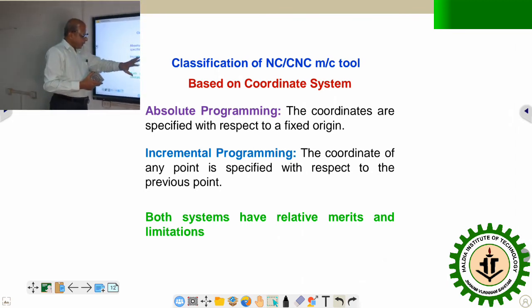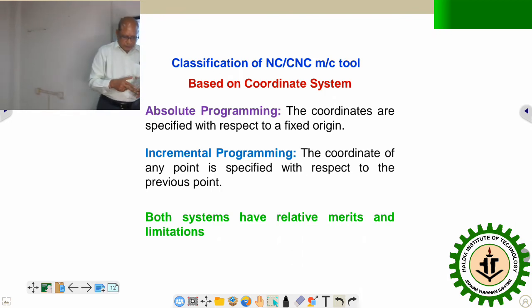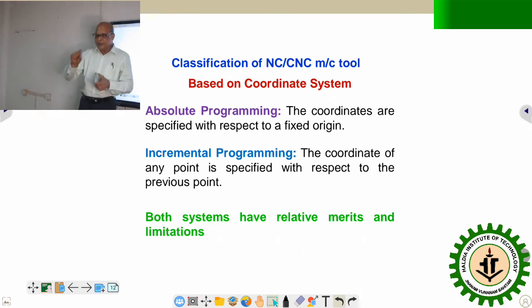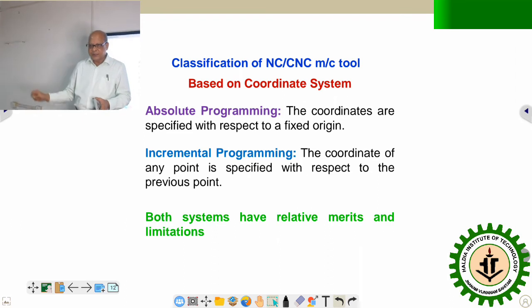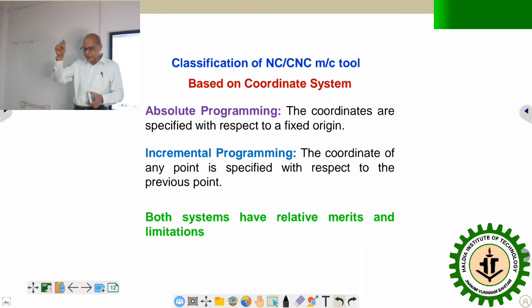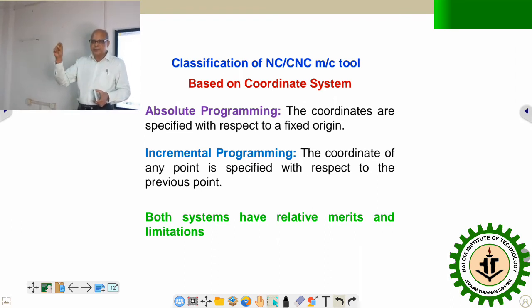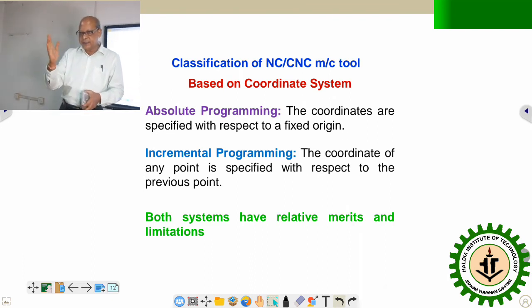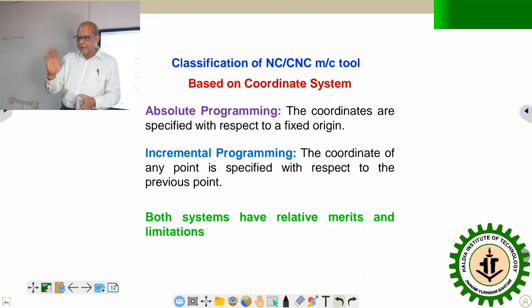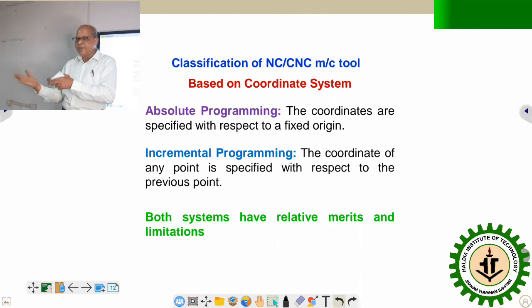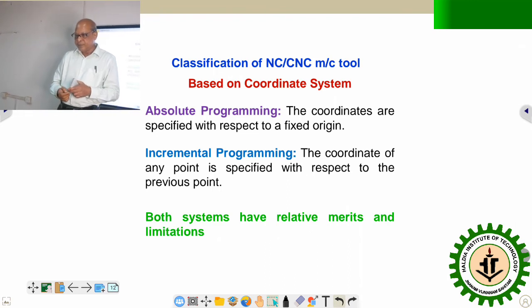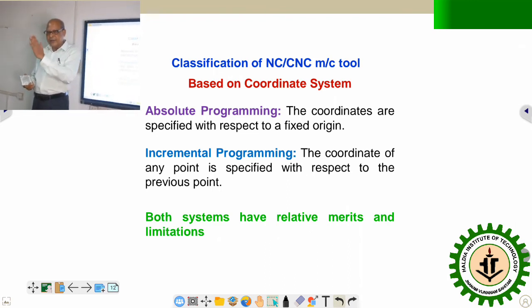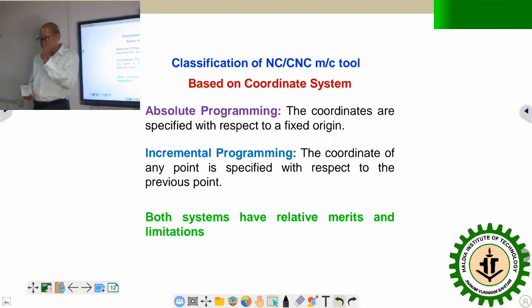Again, in incremental programming, there is an added advantage. Quite often, mechanical people deal with jobs like a flange, along the periphery of which, along a particular PCD, some equally spaced holes are there: 6 holes, 8 holes, 10 or 12, 16, 24. If you divide it symmetrically, either along X or along Y, you will find one part is just a mirror image of the other part. Suppose 12 holes are there.